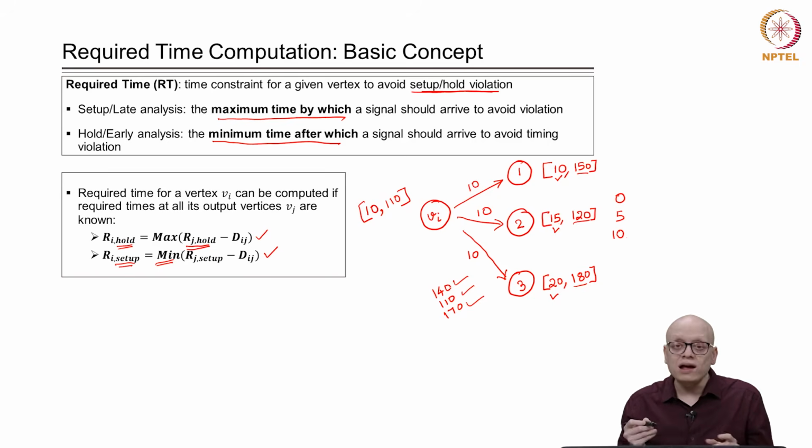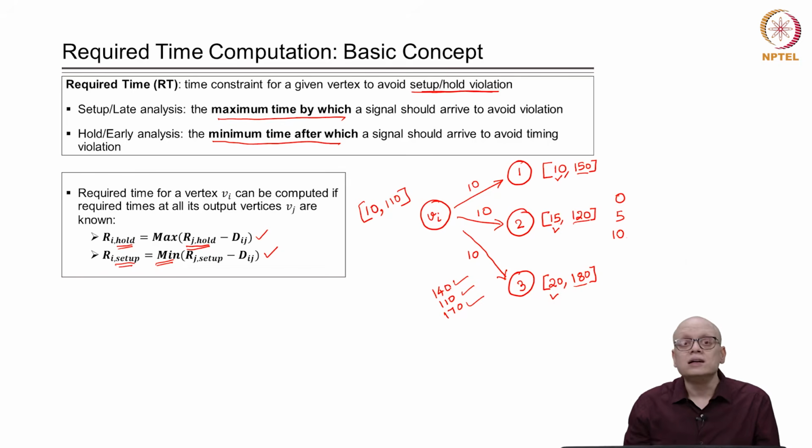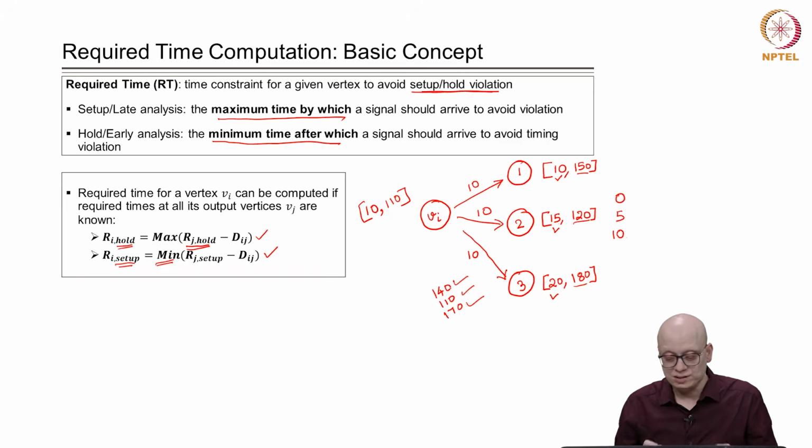And that is how these definitions of required time have been created, so that the most pessimistic of the requirements to avoid the setup and hold violations at a given vertex are considered and stored on the vertices.